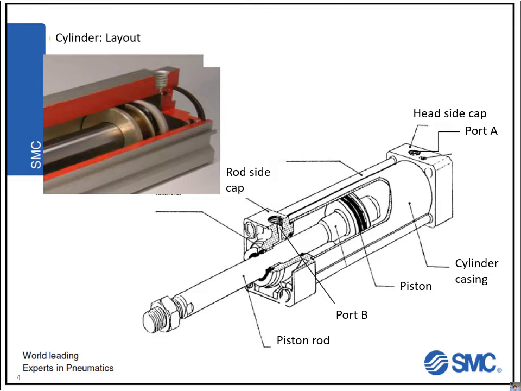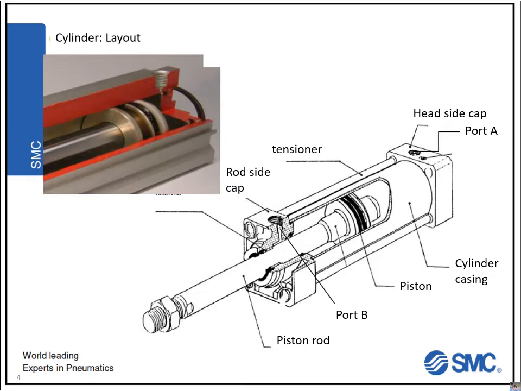To keep the head and the rod side cap together, we've got a tensioner over here, and that is very specific for this cylinder, since it uses tensioners to keep everything together. But there are many other ways to assemble a cylinder, so the tensioners are not really generally used.